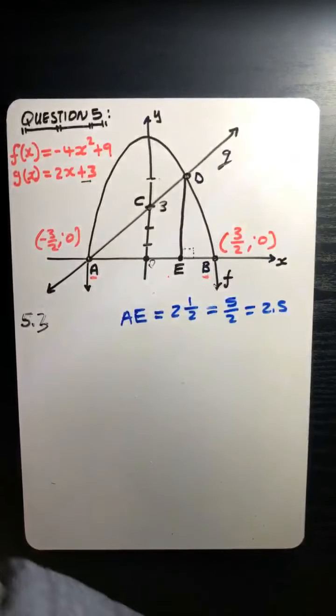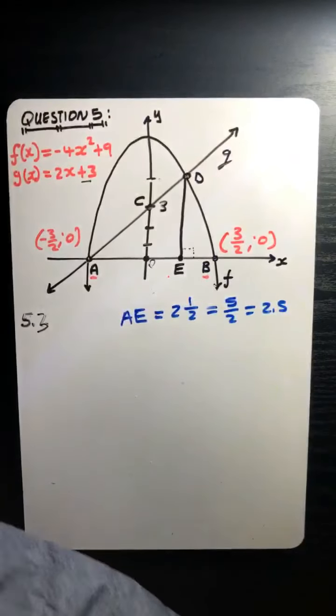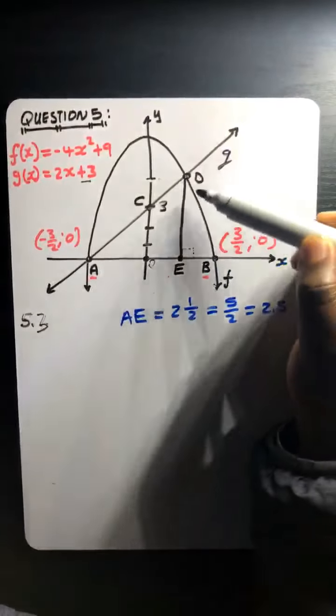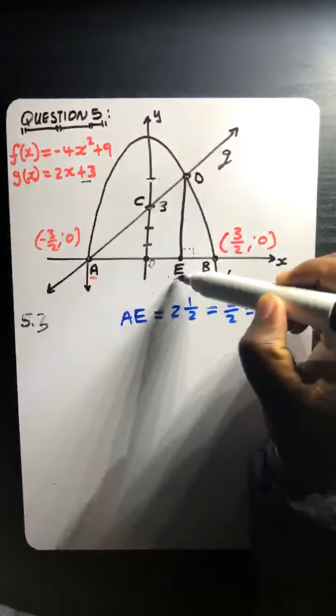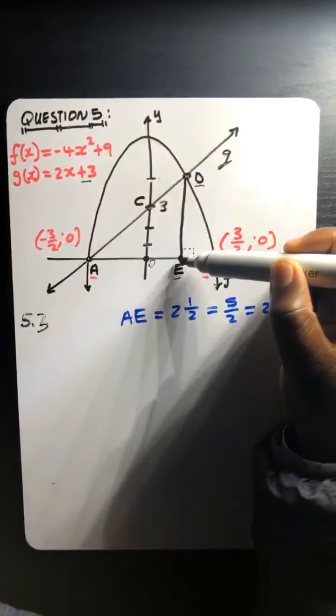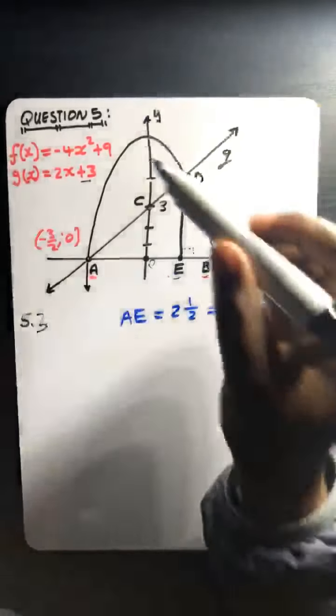So before I even go far, let me explain to you guys, when you want to calculate the length of DE, ask yourself this question. It's from which function to where? But in this case, can you see?